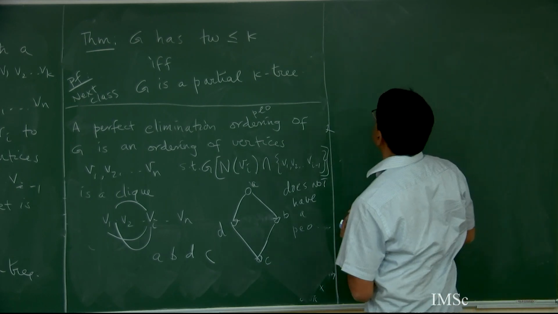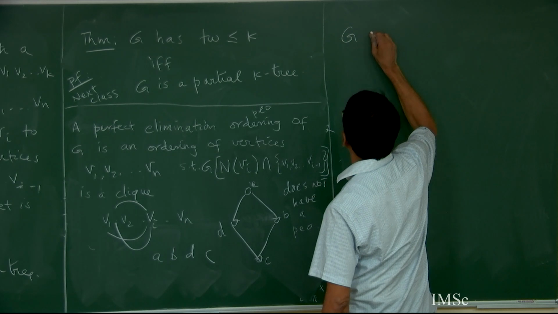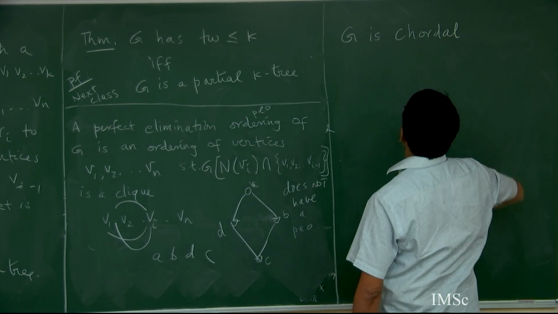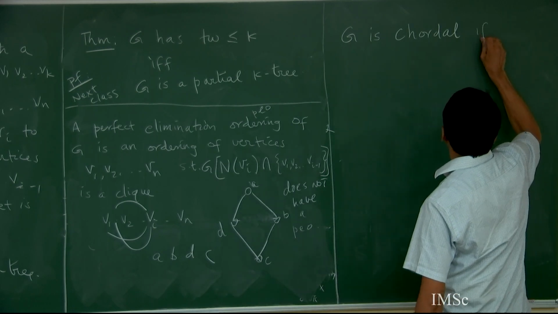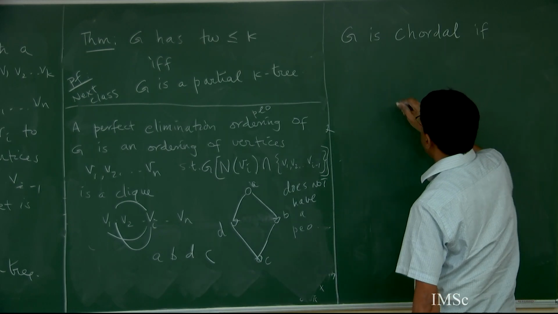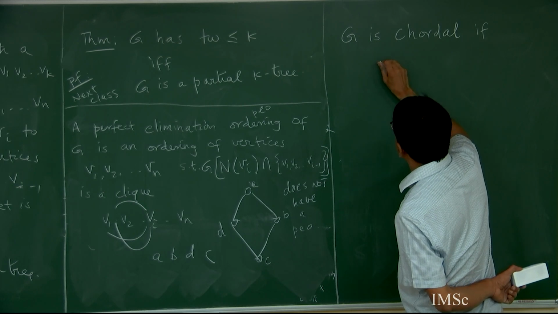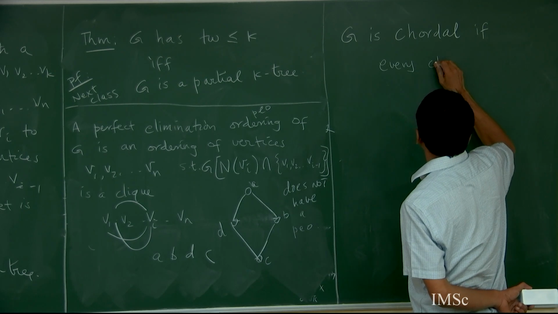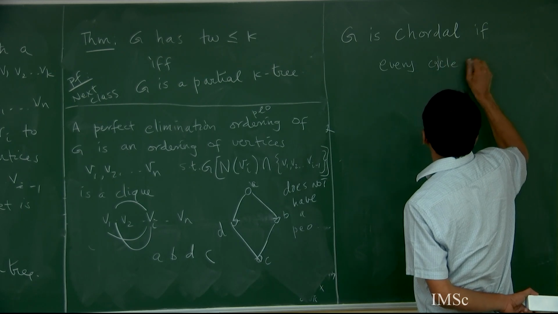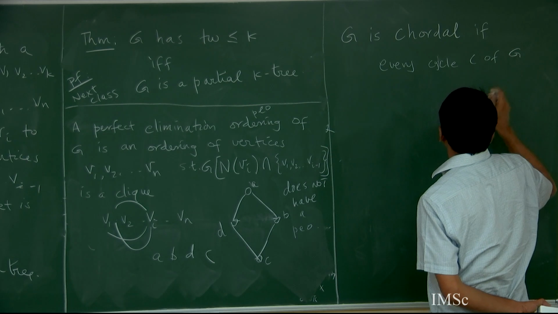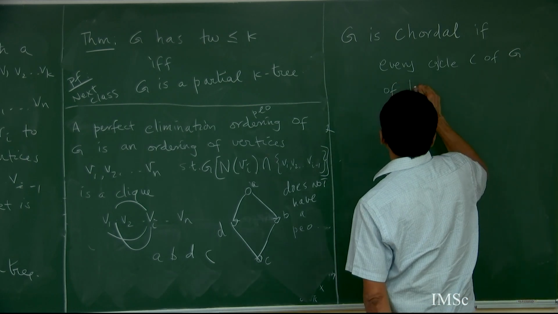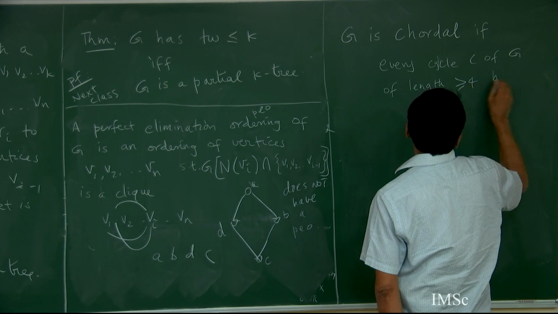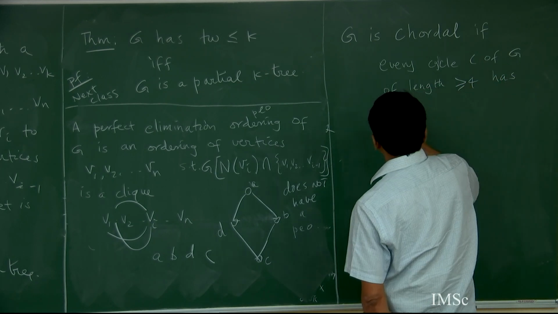let's define a class of graphs, a very important class of graphs called chordal graphs. If every cycle C of G of length greater than 4 has what is called a chord.